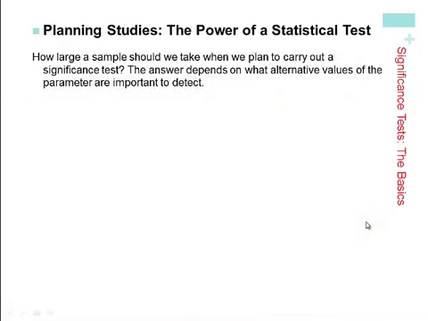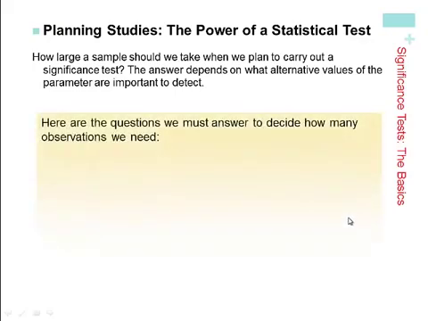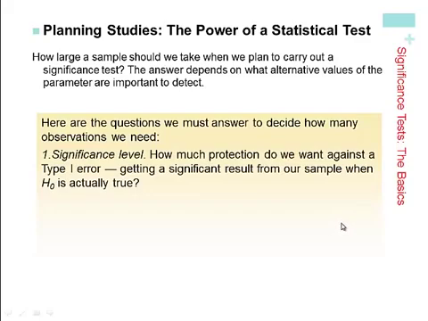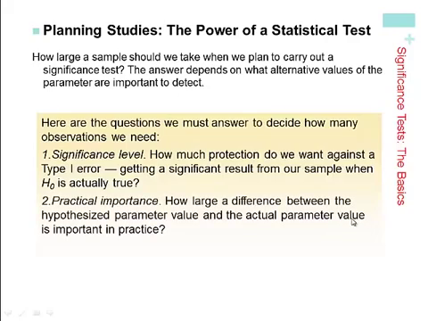When you plan a study and need to determine how large a sample you should take, the answer depends on what alternative values of the parameter are important to detect. Here are the questions we must answer to decide how many observations we need. First, significance level. How much protection do we need against a type 1 error? Second, practical importance.